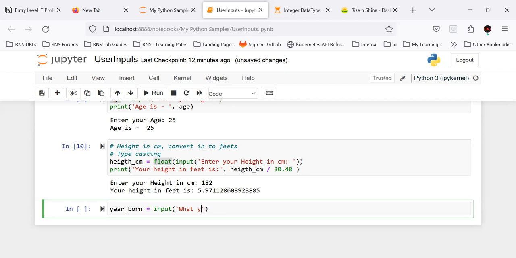What year were you born? The user is going to enter his year, but now we need to print his age. So how do you do that?